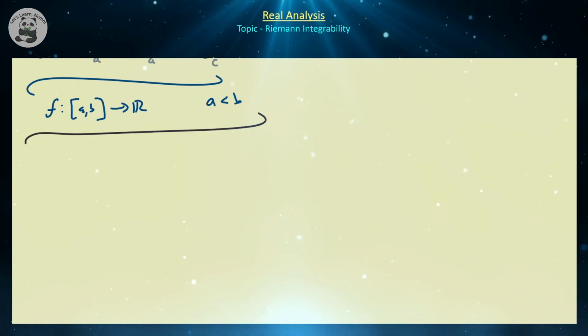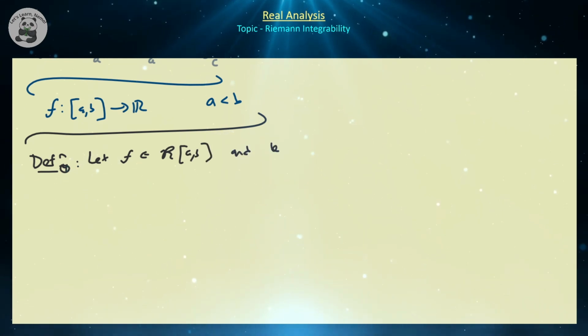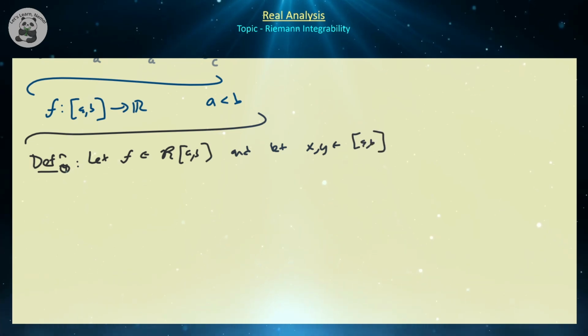So right quickly before we say goodbye today, we're going to define the following mechanism. Let's assume that f is Riemann integrable on the interval AB, and let's assume that x and y are any points in our closed interval AB with, as usual, x less than y.